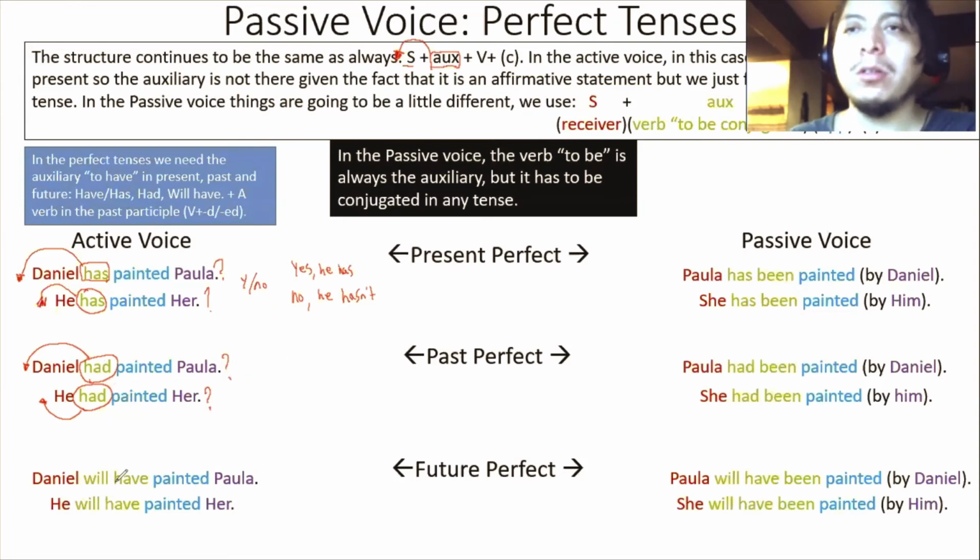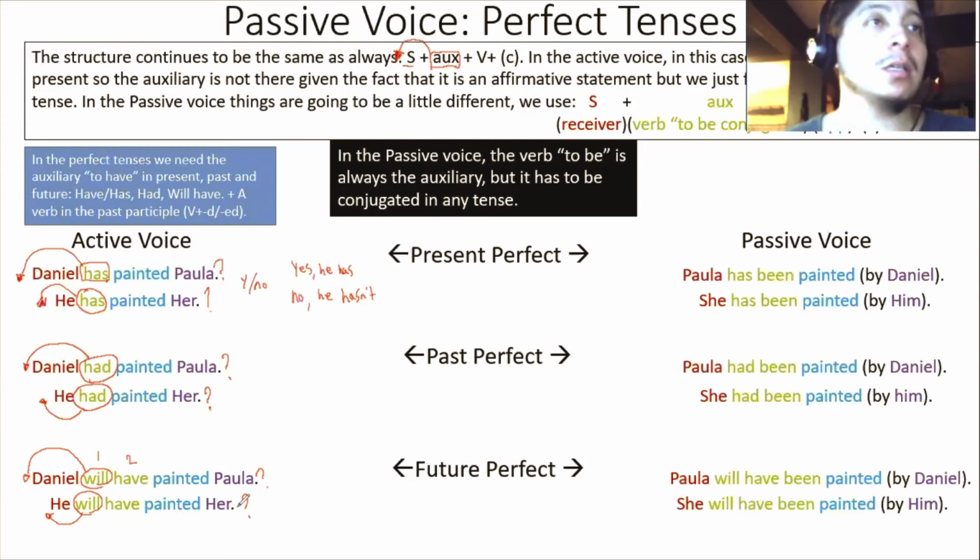No, he hadn't. When we have two words, only the first one switches positions. So, will Daniel have painted Paula? Will he have painted her? Yes, he will, or no, he won't.